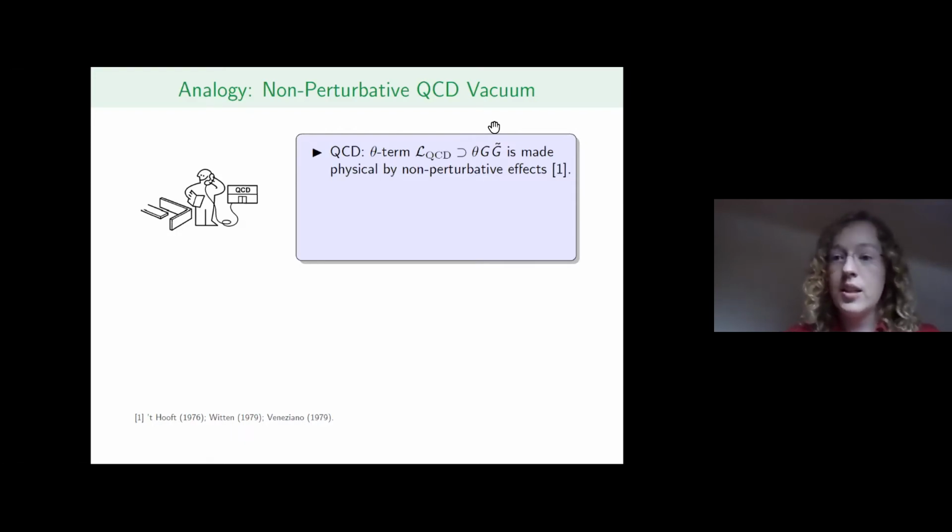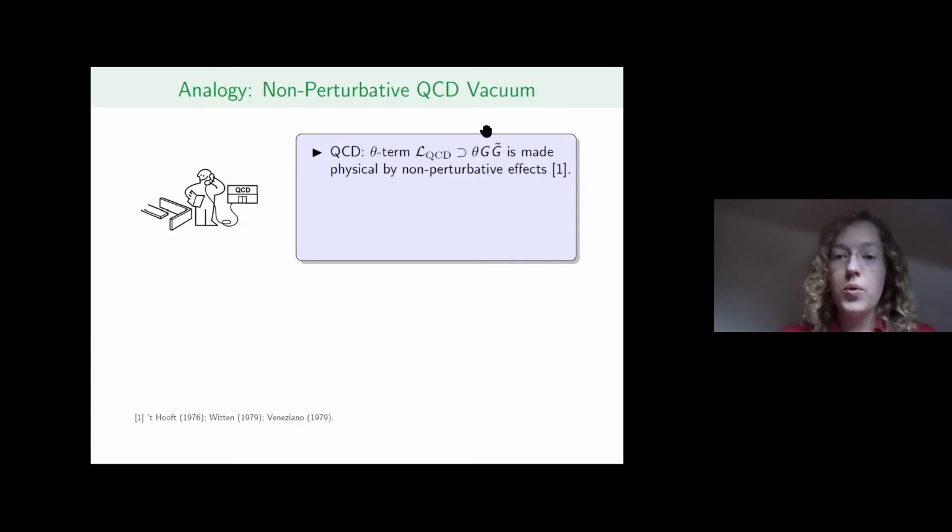In the beginning, people thought that this term is irrelevant because it's a total derivative. People thought you could just integrate over the 4 space-time dimensions to get your action, and then this term would simply disappear. So it's just a mathematical artifact and it's unphysical.